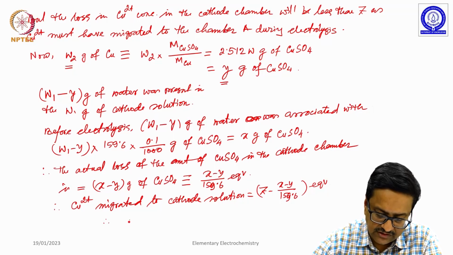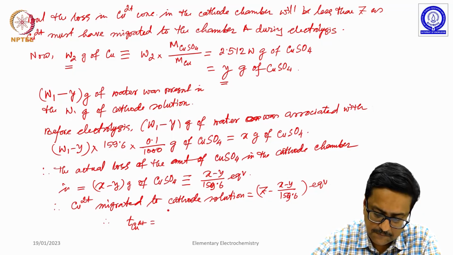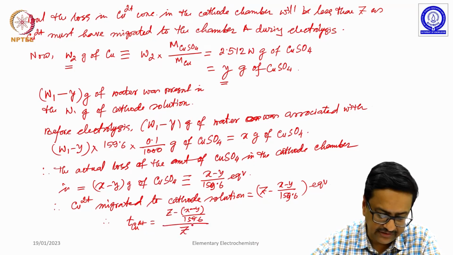Therefore, the transport number of Cu2+ is simply [Z minus (x minus y) divided by 159.6] divided by Z, right.